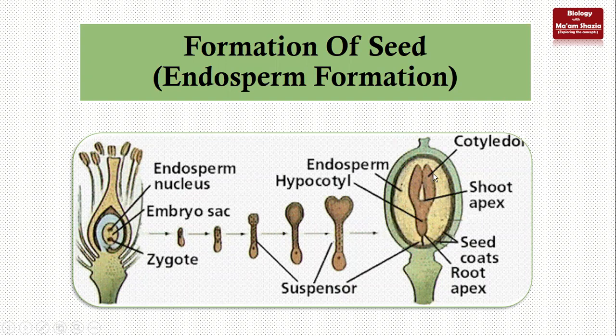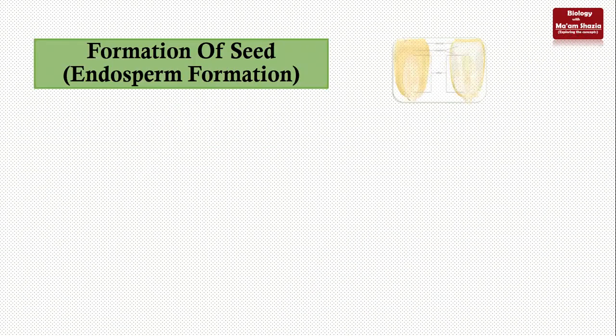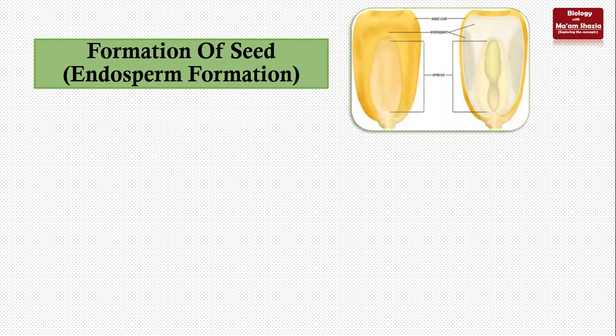These are the cotyledons as well. Okay. Now the formation of seeds and endosperms. Now look at this seed. It's a maize corn seed, and in the corn seed you can see this structure is showing you the embryo, and this is the endosperm, and these are the seed coats, right? So endosperm is present in all kinds of seeds of the angiosperms.